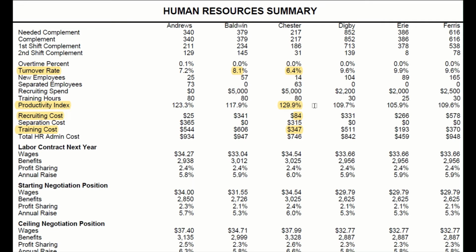The key is what we're interested in as a human resource manager is to make sure we have an employee turnover rate between 8 and 9%, no more than 9%, and that we have a productivity index that is at least 110%. That then is telling us that we're getting a productive human labor workforce. That means that the training dollars we're spending is not being thrown away, and so on. So these are some of the important elements.